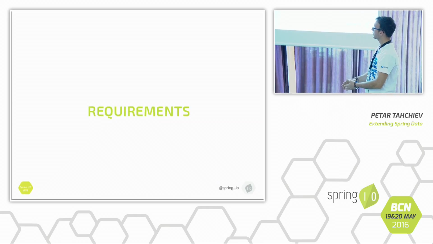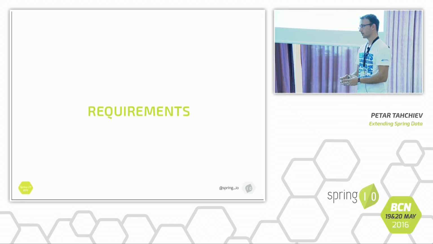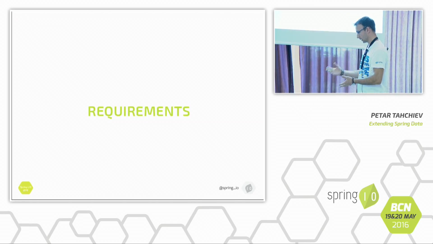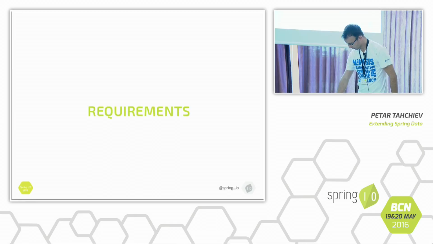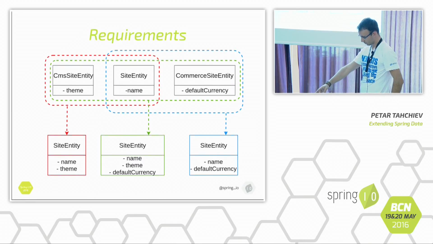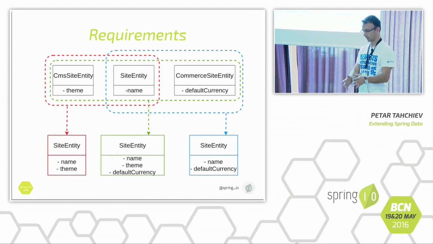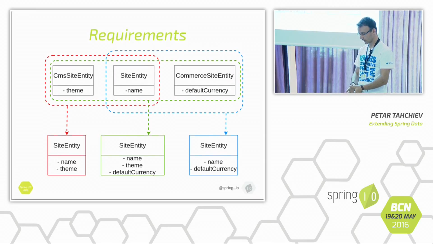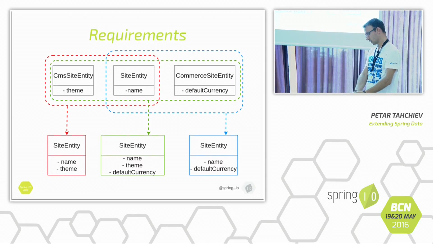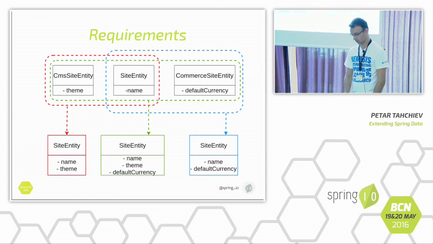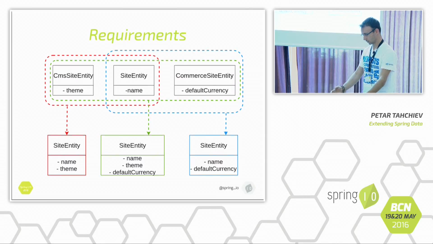When we started building the e-commerce platform, we wanted to make it modular, so the customer would have the ability to select different modules. As you can see in this picture, there is a finite number of variations, but in the end they have some combination of modules that they can pick. We wanted to have different tables in the database with different columns, so as not to clutter it with extra tables, properties or columns that they don't use.